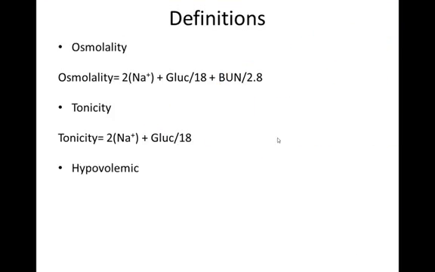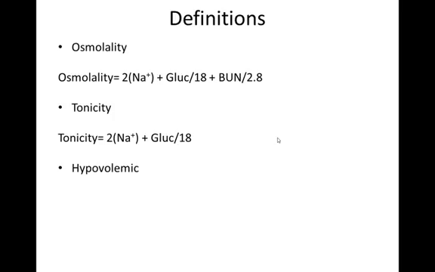Now, when we go on to discuss things like hypovolemia, hypovolemic, now we're talking about the volume of a substance inside of the body, mostly the volume of fluid inside of the body. So when someone's hypovolemic, they are low on fluid. And it mostly represents a particular portion of the body, which we'll go over later, which is the extracellular fluid volume.